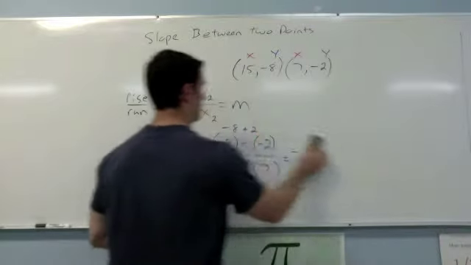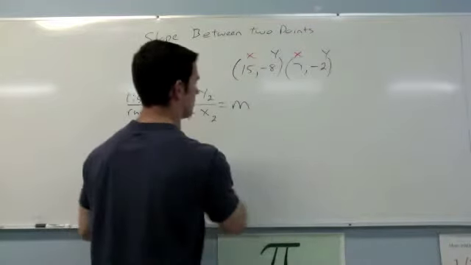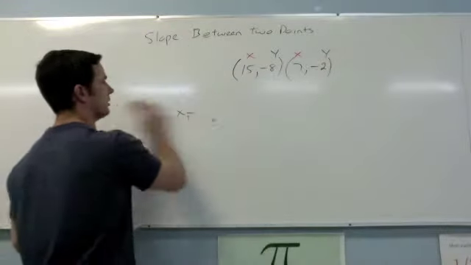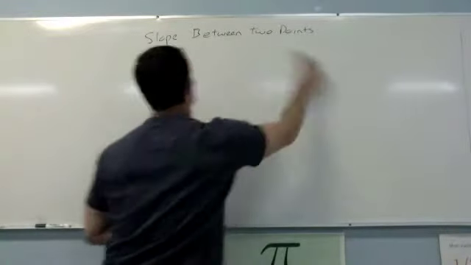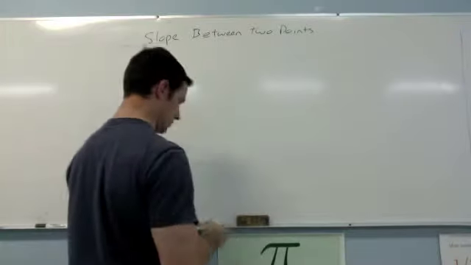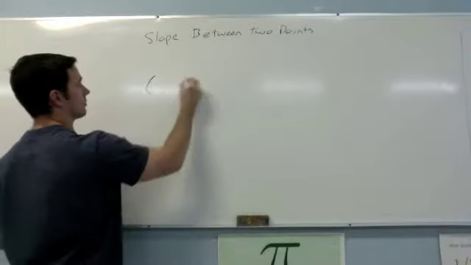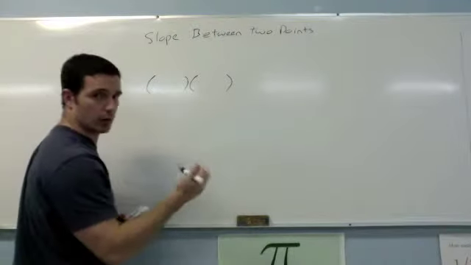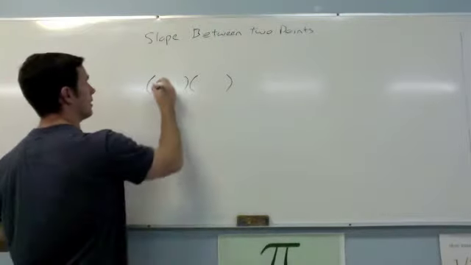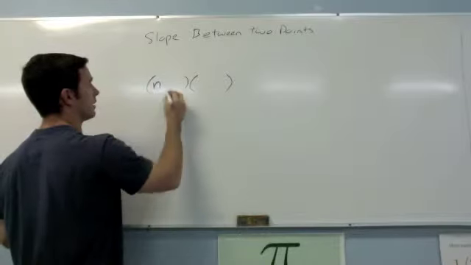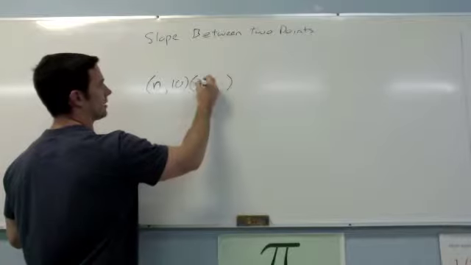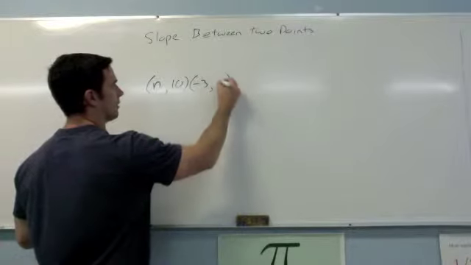Now, a problem that seems to be giving a lot of you guys some difficulty is when I do this. When I give you 2 points, and I leave a variable for one of the points. So I'll call this n, I'll call this 10, I'll call this negative 3, and I'll call this 2.